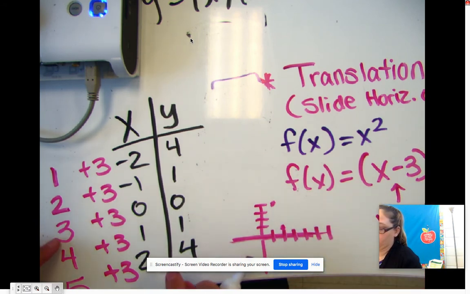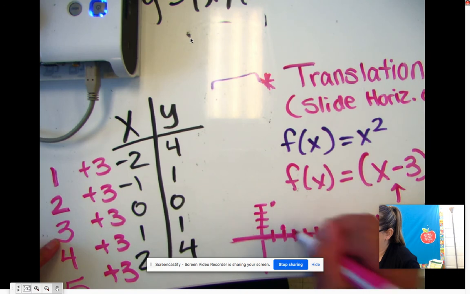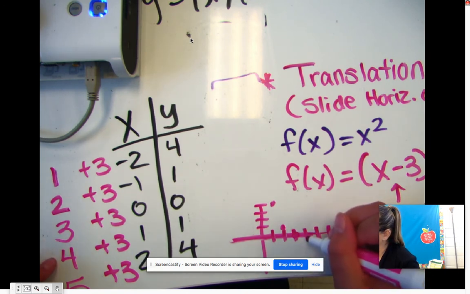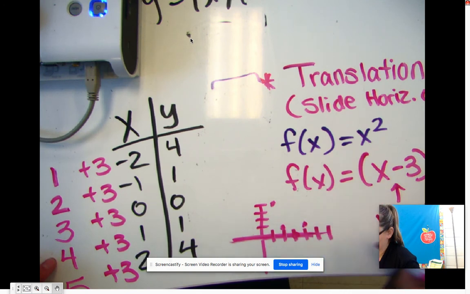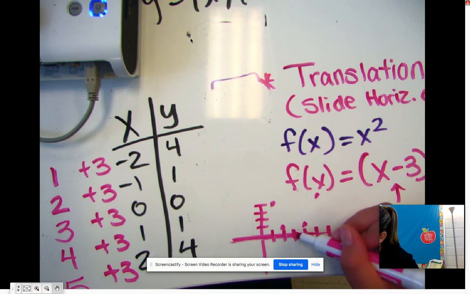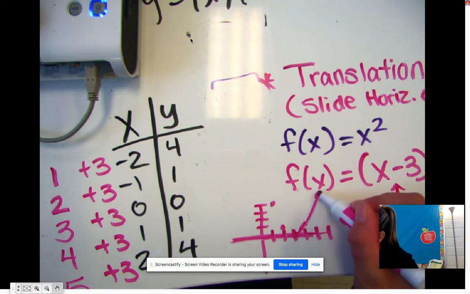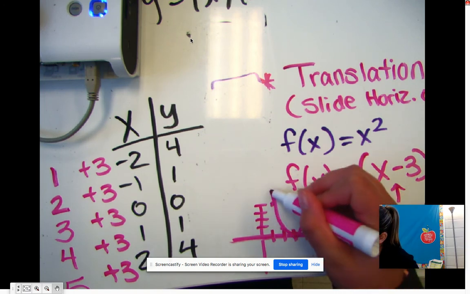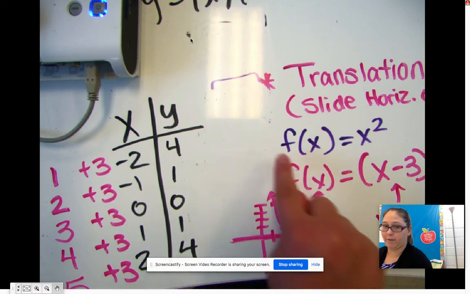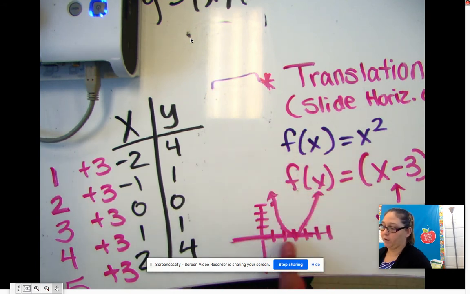I'm going to have 3, 0. And I'm going to have 4, 1. And then I'm going to have 5, 4. And so now my parabola, you can see, got moved over to the right by 3.